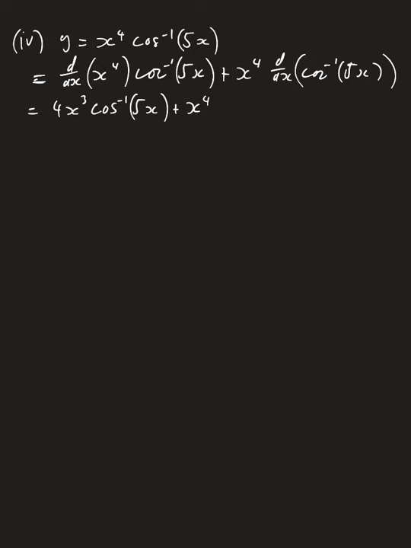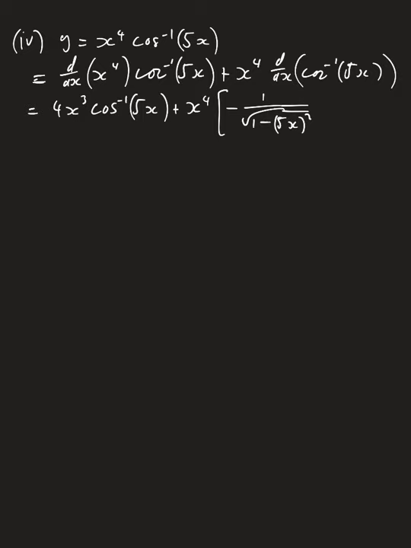Well, this is just like the one I did on the last page. I get my formula for the derivative of inverse cosine from the log book, and what I get is, I'll put this in brackets, we're multiplying, minus 1 over the square root of 1 minus 5x squared. So that's the derivative of inverse cosine with respect to the brackets.